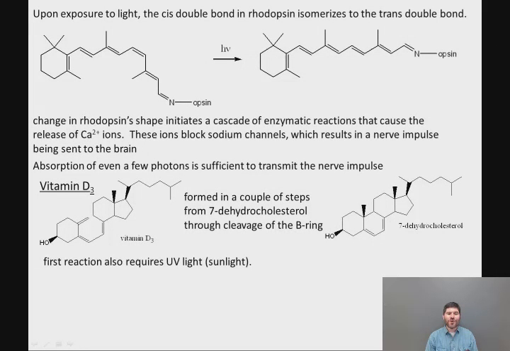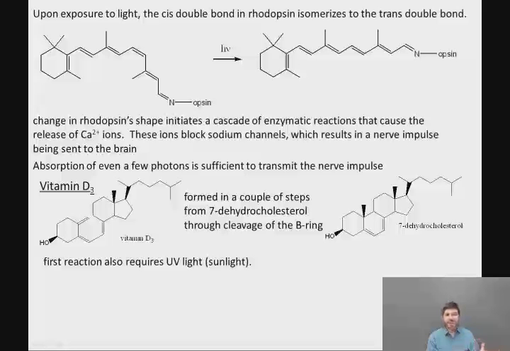So the first reaction in this sequence, we're not covering it in great detail, but the first reaction in this sequence also requires UV light. One of the things you should be able to see is that UV light interacts with conjugated double bonds.